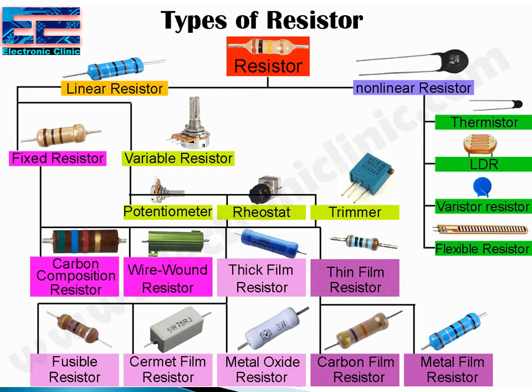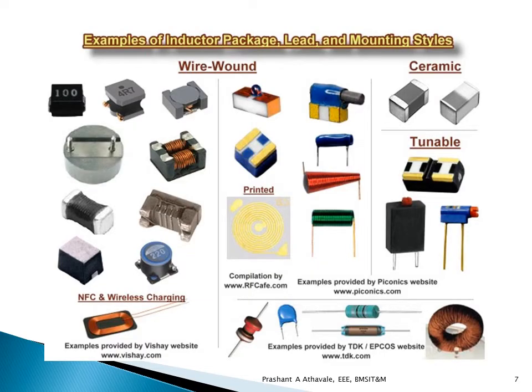So irrespective of the type of resistor, except the non-linear resistor, if it is a linear resistor, what is its behavior in the circuit when excited by an AC source? Similarly, I am showing you one more slide wherein the inductors are shown. A coil: you have discussed in the class at length how the inductor works, its inductance value and its dependence on factors like the number of turns, the length of the core, then the permeability, and so on.